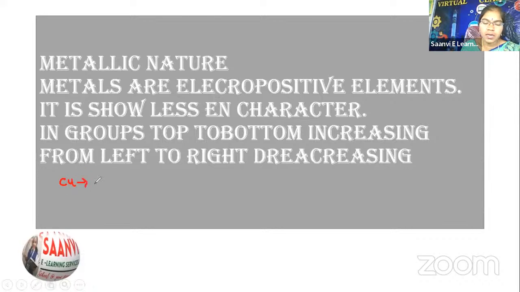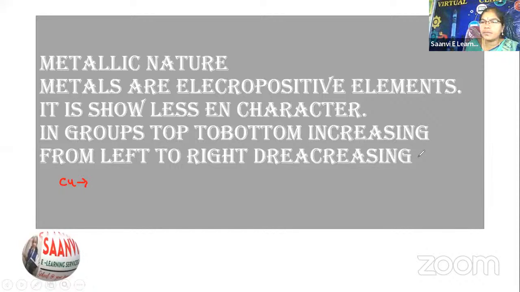Can anyone say what is the atomic number of copper?